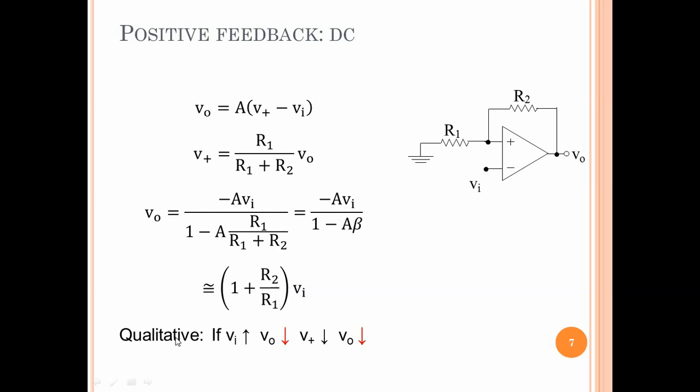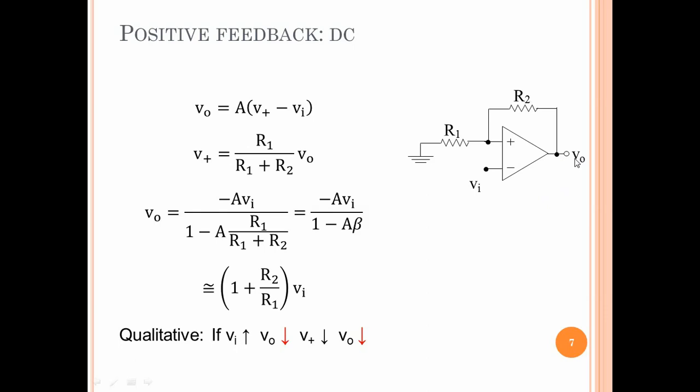Okay, qualitatively, if VI increases, because this is a negative sign, VO will decrease. If VO decreases by this voltage division, V plus will decrease. If V plus decreases because of the positive sign, VO will decrease. So any change in the input causes a certain change in the output, and the feedback path causes a change in the output in the same direction.